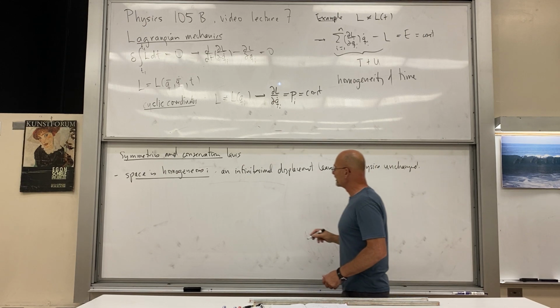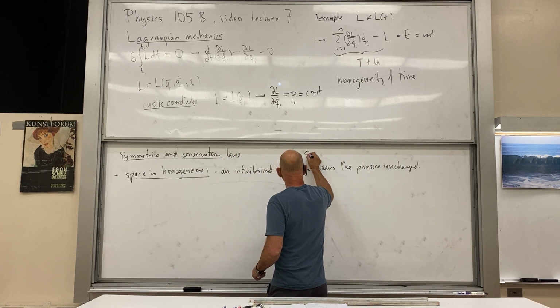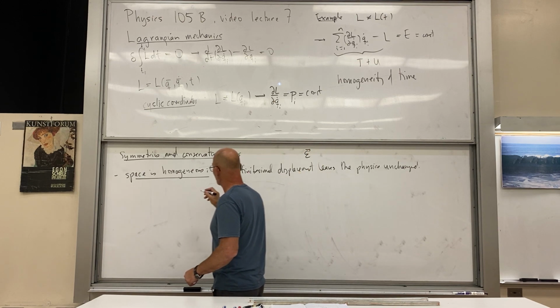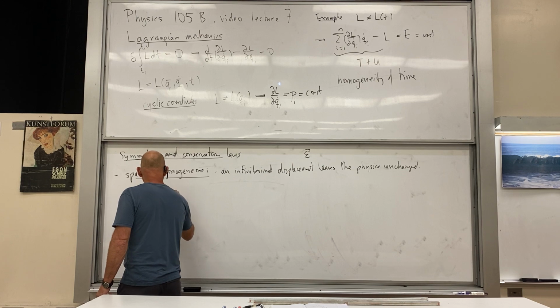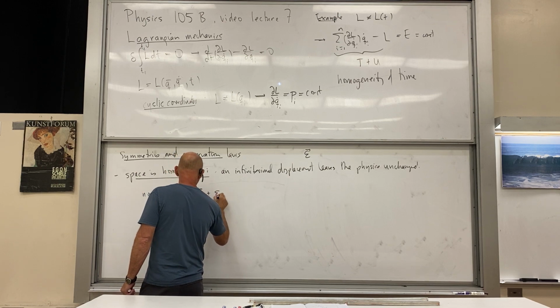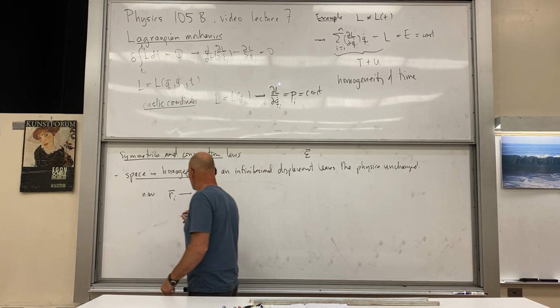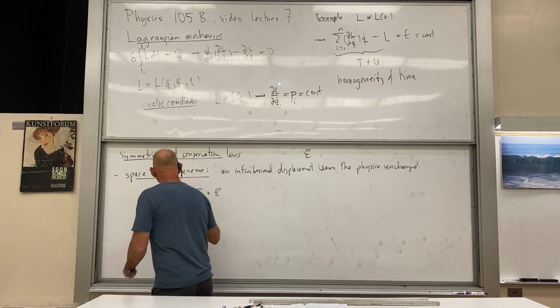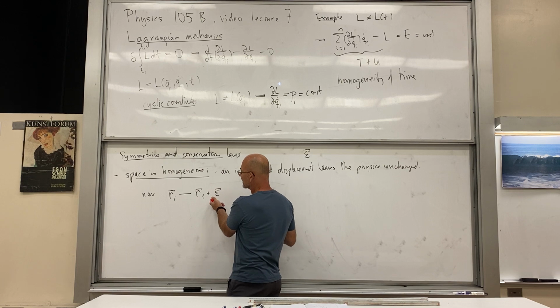So what we're going to do is this infinitesimal displacement, this is going to be a vector epsilon, and what we can now say is r_i is displaced to r_i plus epsilon. Okay. But then if you take the derivative, so this is your old coordinate, this is your new coordinate.